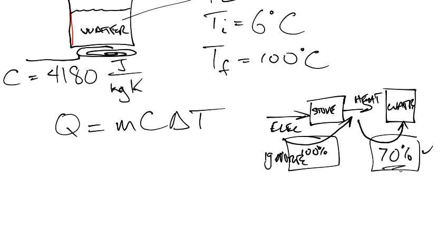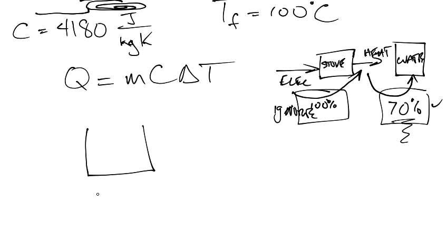Now, what does this 70% represent? Let's discuss that for a moment. What I'm talking about here is, let's draw the picture again here, and we have the coil, the heating element, which heats up. Now, there's heat, let's make it in red, that leaves this thing and that goes up.